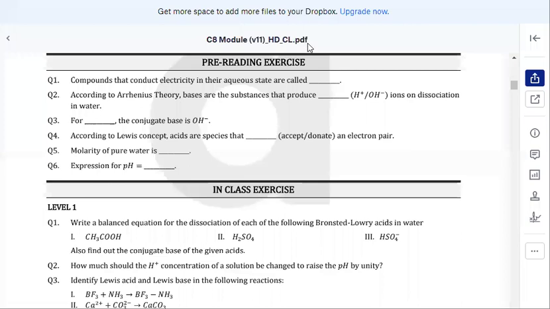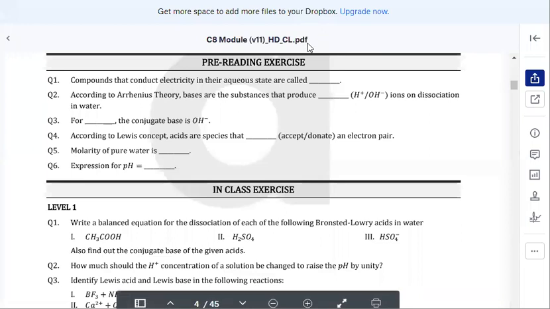For dash, the conjugate base is OH minus. Yes, H2O. Fourth, according to Lewis concepts, acids are species that accept electrons, very good.